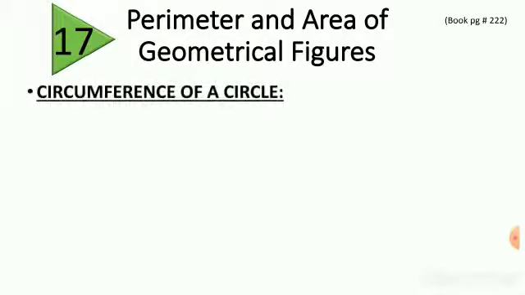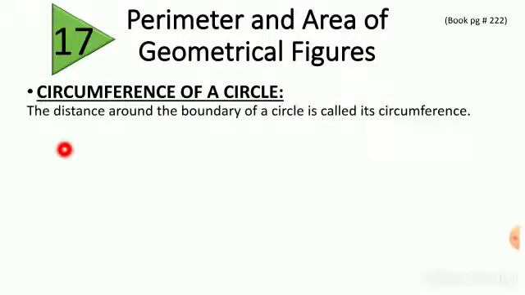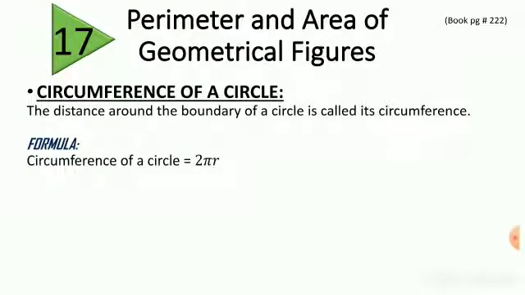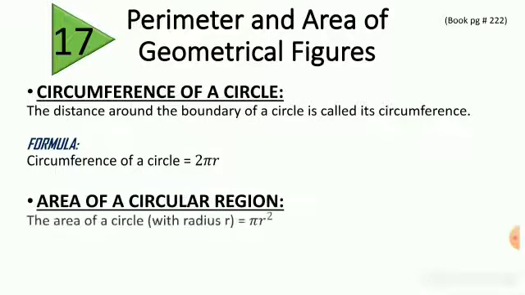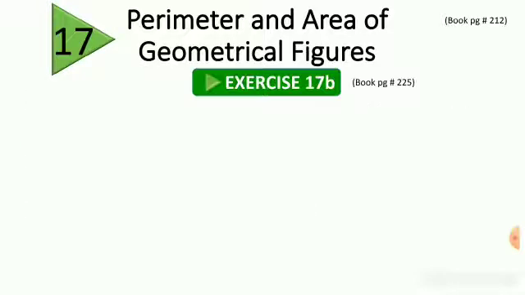Okay, next is circumference of a circle. The distance around the boundary of a circle is called its circumference. So the formula is circumference of a circle is equal to 2 pi r. Area of a circular region is equal to pi r square. Circumference is equal to 2 pi r, and area of a circular region is pi r square.